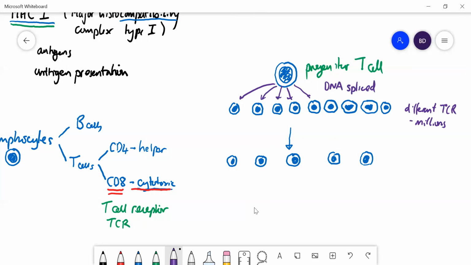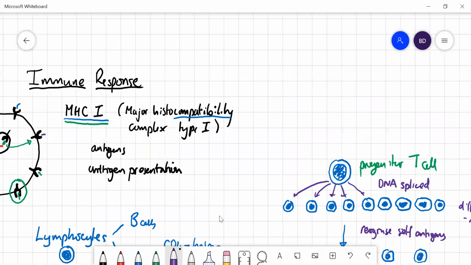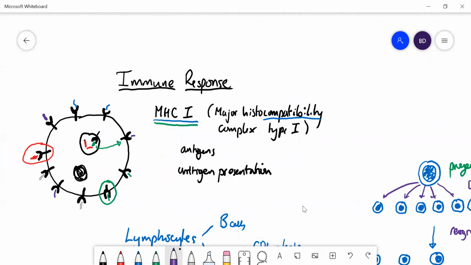Now, in the embryo, what happens is that any of those that recognize self-antigens, the ones which I've drawn up here in this first diagram, so all of these things are self-antigens. The only one that's not a self-antigen is that one there, which, as you said, came from a virus.